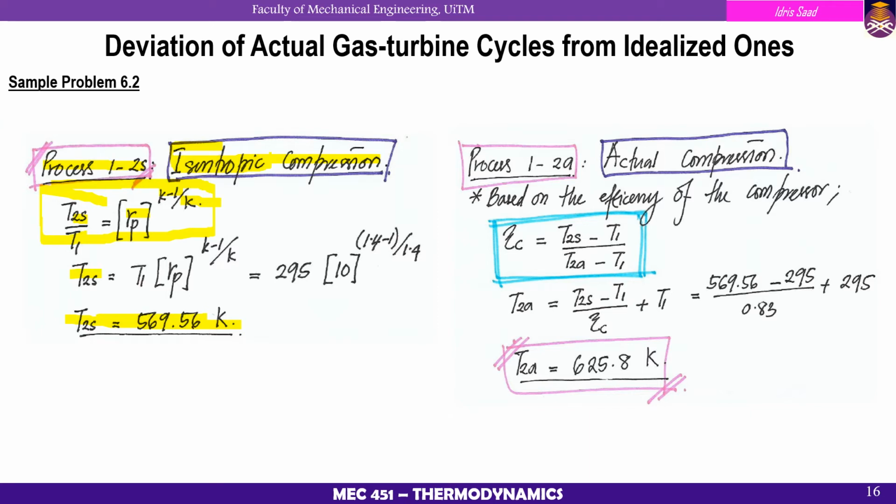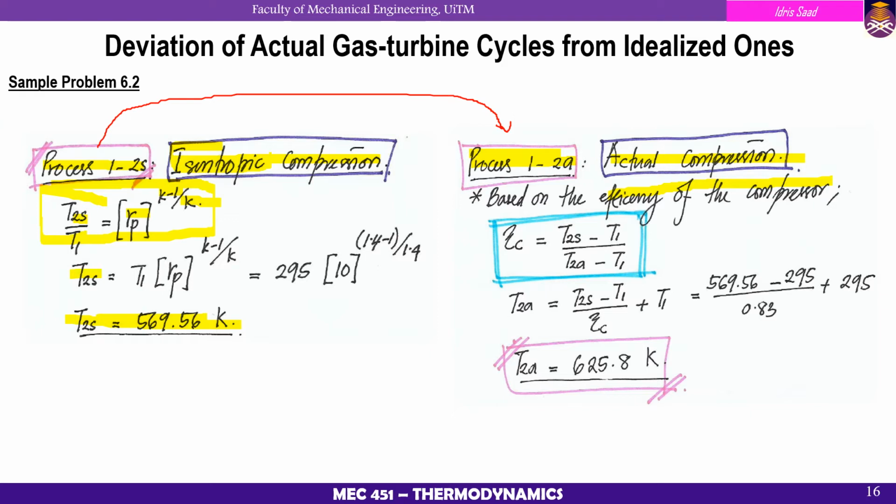Similarly, we go to the next process, which is process 1 to 2A. This is the actual compression. Please do remember that process 1 to 2S is what we call ideal, and process 1 to 2A is the actual. In order to calculate the actual process, we need to use the efficiency of the compressor.